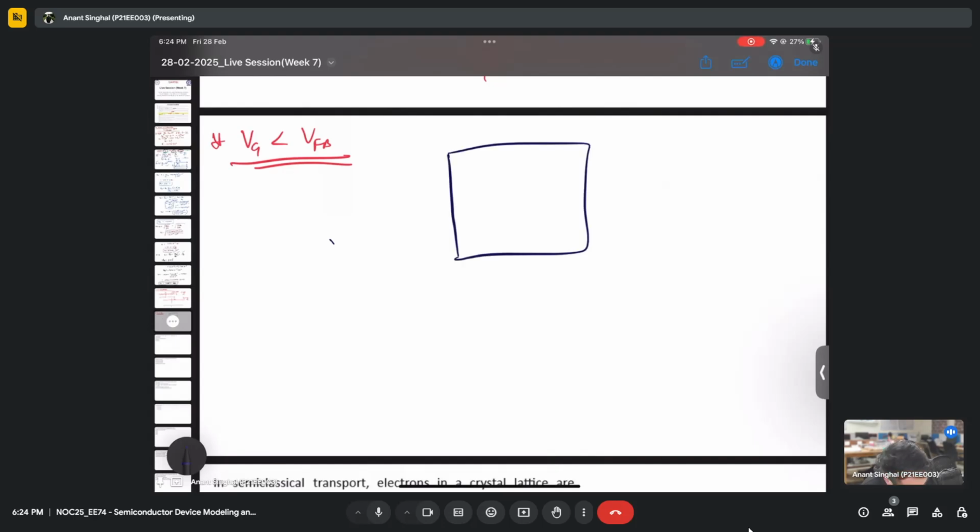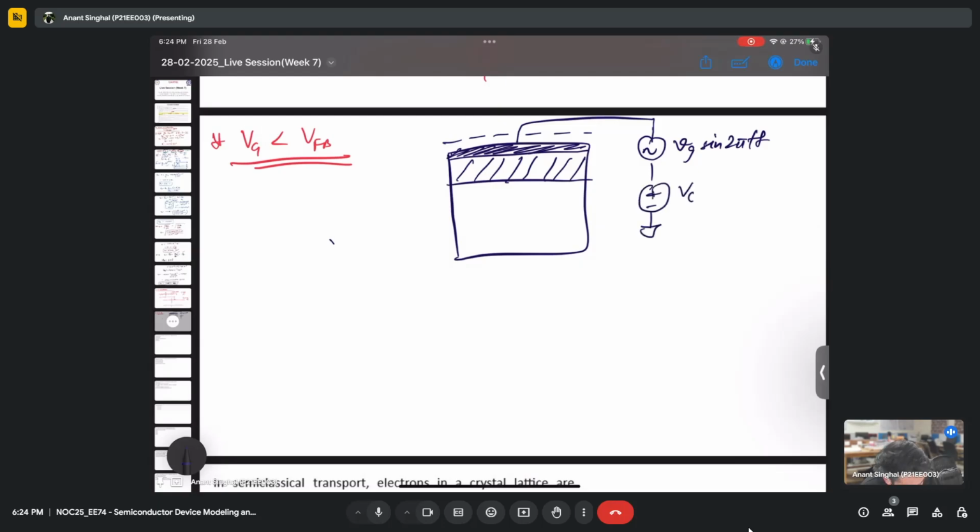So just to write in short, we had a metal and an insulator, and once we apply a negative bias, VG, which is a DC with a sinusoidal signal on top and is less than VFB, we get accumulation of holes.